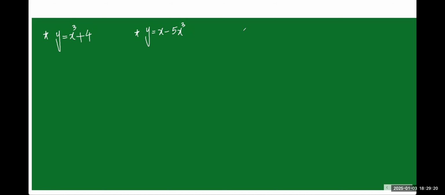Then y is equal to 3x power 5 plus 4x4 minus 3x2 plus 2. Now please, both of you, please do it and tell me the answer.